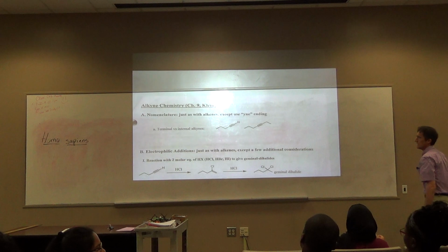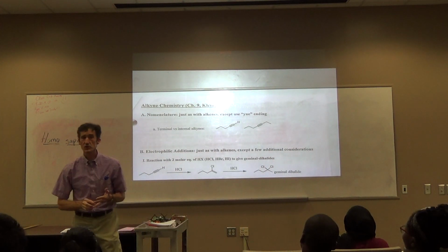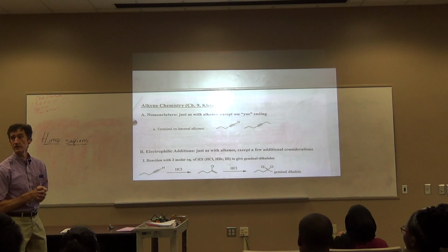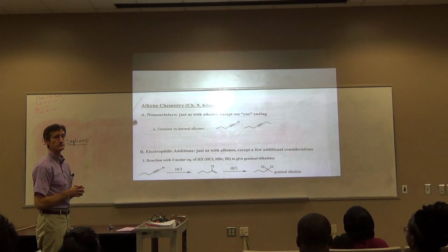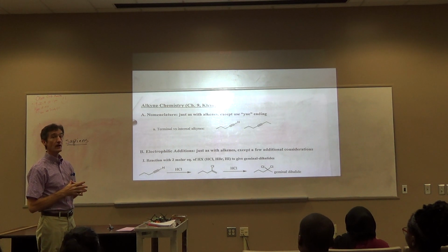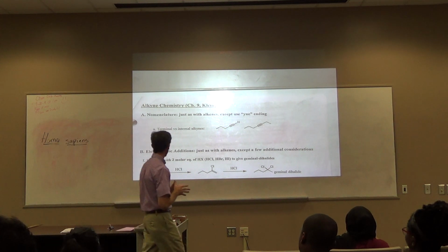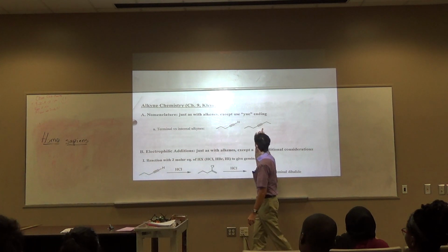Nomenclature. Alkene nomenclature is covered by video, including E and Z terminology. Any questions there? I'll do alkyne nomenclature here. Very straightforward, similar to all other nomenclature. First off, two different alkynes.